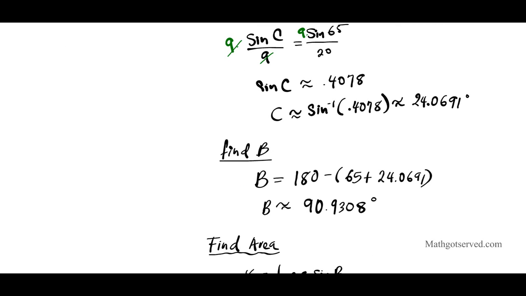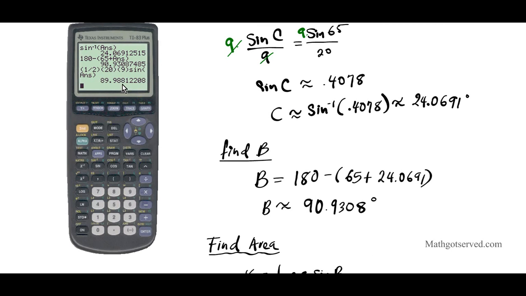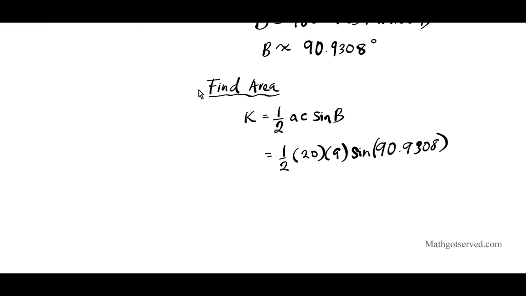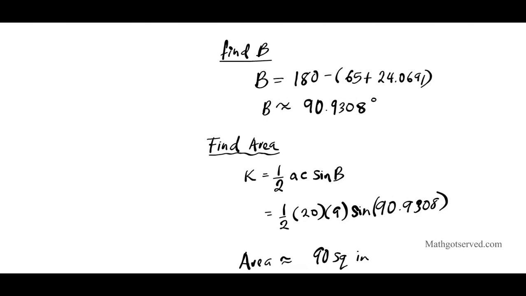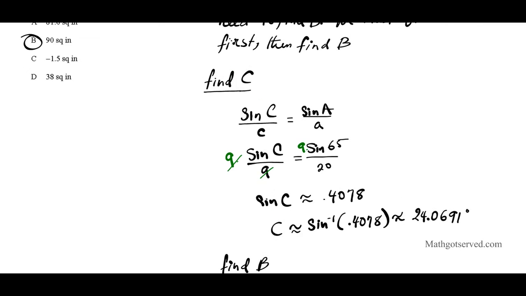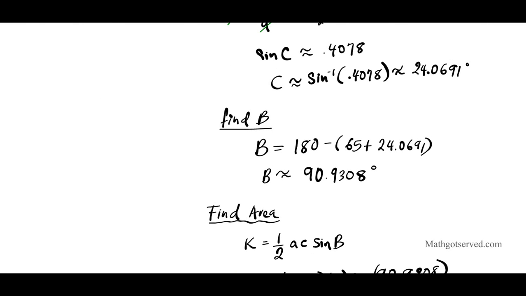So if you round up 89.988, it becomes 90 square inches. So the area is approximately 90 square inches. All right, so the answer for this problem is option letter B. Okay, let's go ahead and consider the next problem, question 15.